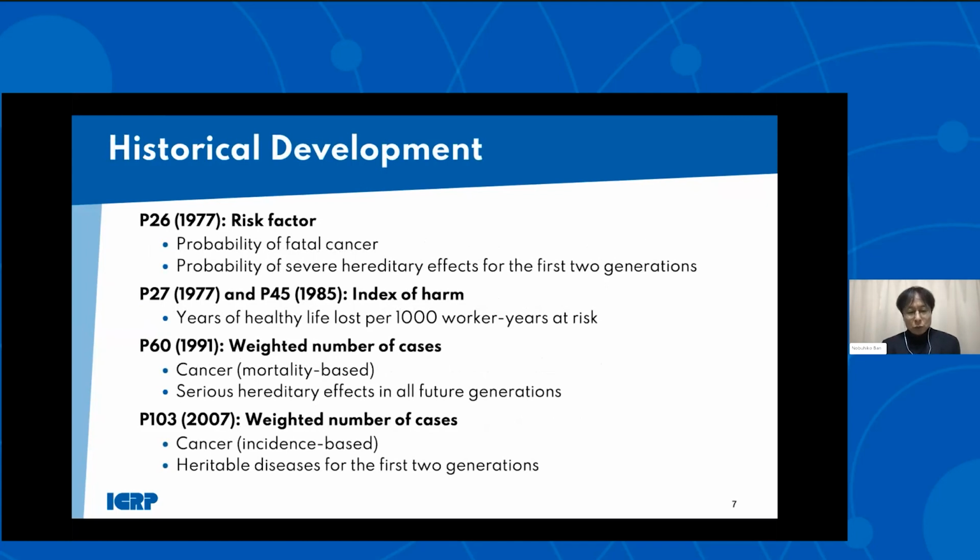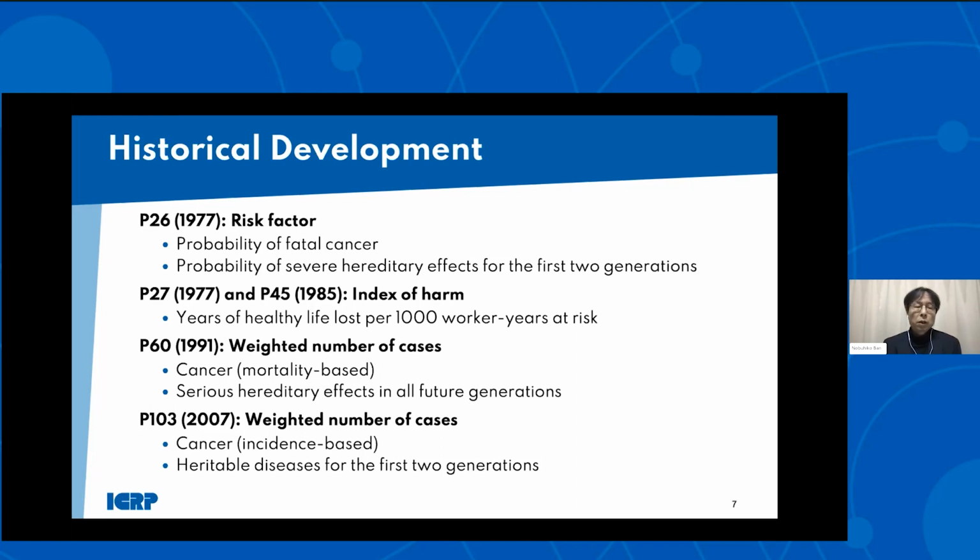Chapter 2 reviews the history of detriment calculation. In Publication 26, detriment was quantified in the form of a risk factor, which is the probability of fatal cancer and severe hereditary effects for the first 2 generations. But in this risk factor, non-fatal cancer was not taken into account.